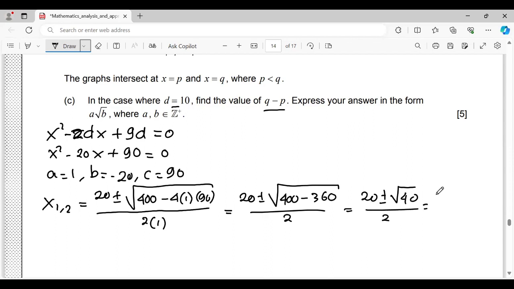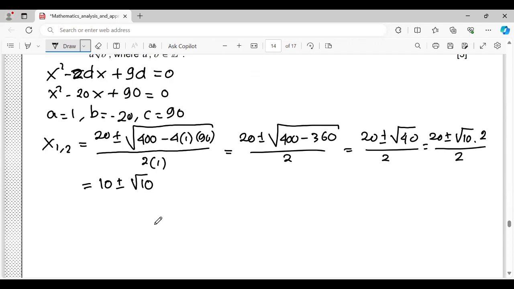After that, it's 20 plus or minus the square root of 4 times 10, which is 2 root 10 over 2. So 20 divided by 2 equals 10, 2 divided by 2 equals 1, so it's 10 plus or minus square root 10.